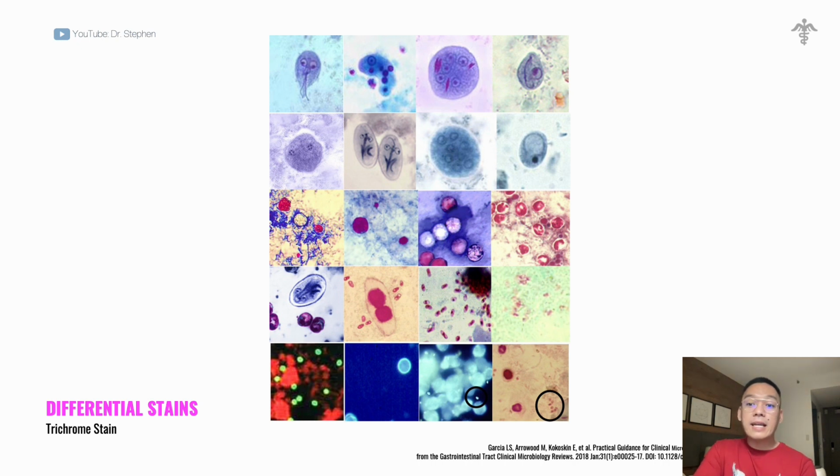Second is an Entamoeba histolytica trophozoite with ingested red blood cells. Third is an Entamoeba coli cyst with red chromatoidal bars, and your Chilomastix mesnili cysts. The second row is stained with iron hematoxylin stains. We are mostly concerned with the first row because they are stained with the trichrome stain.